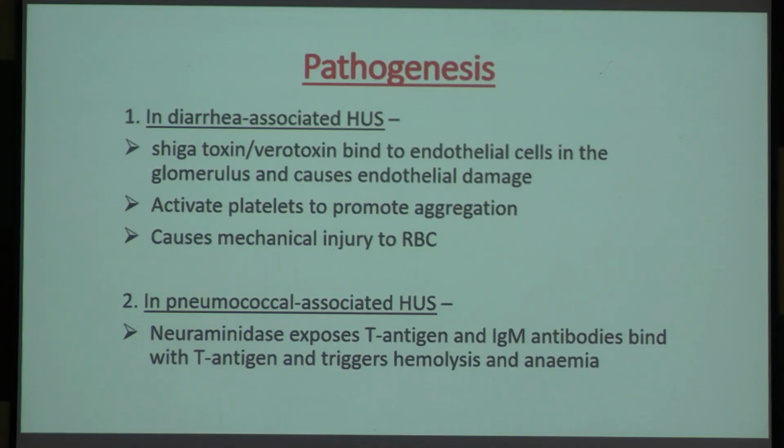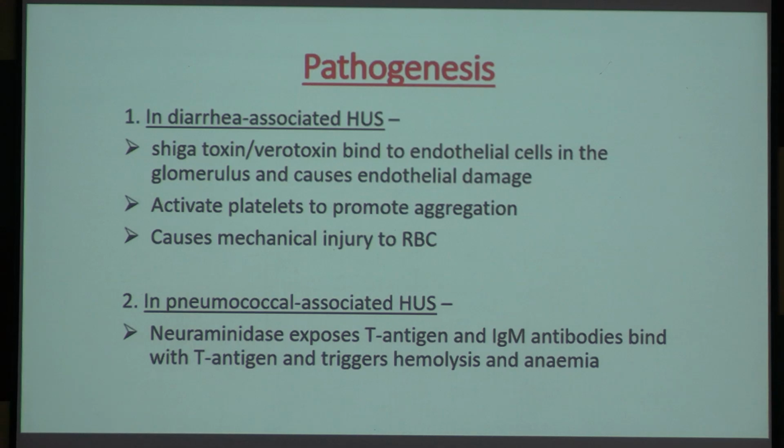Now, what is the pathogenesis behind this? In diarrhea associated hemolytic uremic syndrome, Shiga toxin or verotoxin produced by E. coli binds to endothelial cells in the glomerulus and causes endothelial damage.